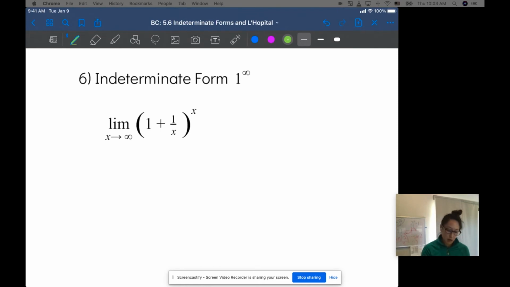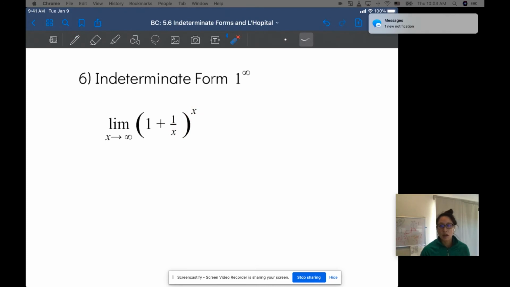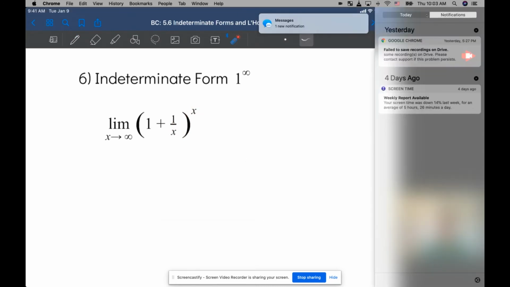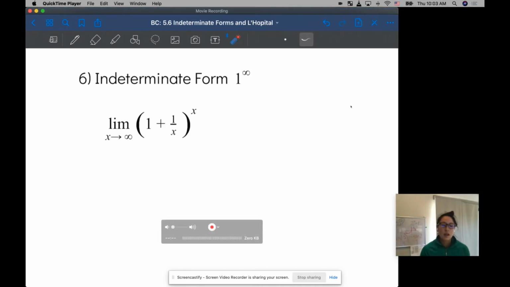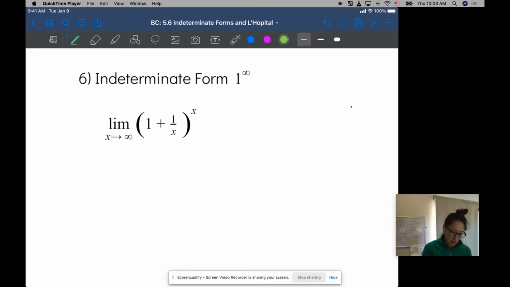And since I have x raised to an x, we're going to go ahead and set this limit equal to y. And so we can take the ln of both sides and get that exponent out of the exponent.